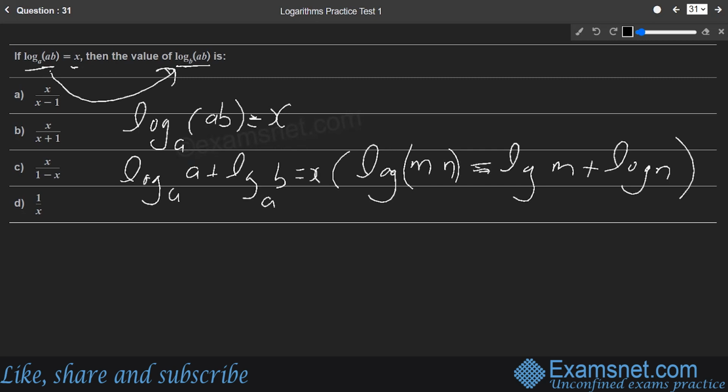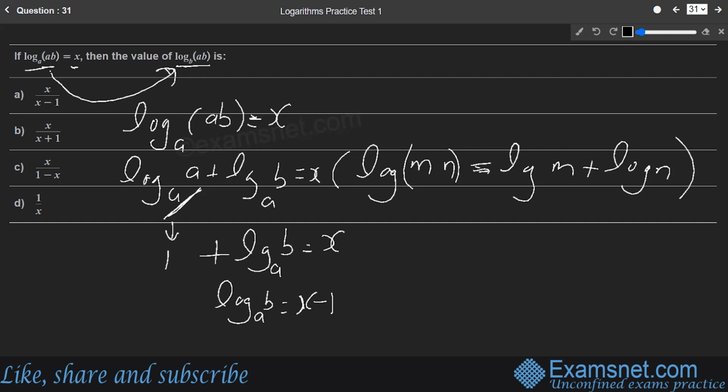Now log base A A is always 1, because whenever the base and number are the same, the expression is 1. The second term is log base A B, so log base A B is equal to x minus 1.